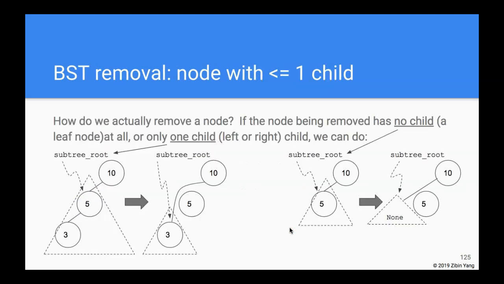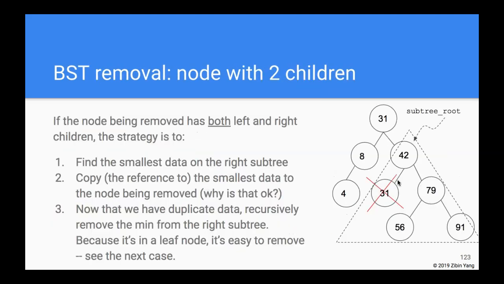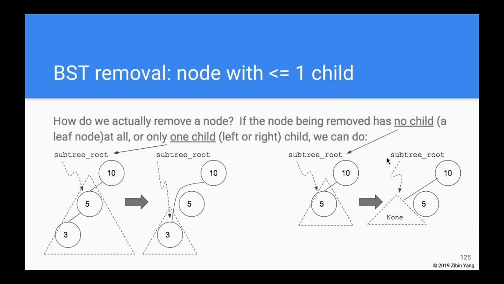Okay, moving on. We just said, okay, how do we actually remove a node? I said, if it's a leaf node, it's an easy case. What makes a leaf node is that a leaf node has no child at all. So that should be fairly easy to remove. All that we'll do is, let's say, we're trying to remove the node 5.